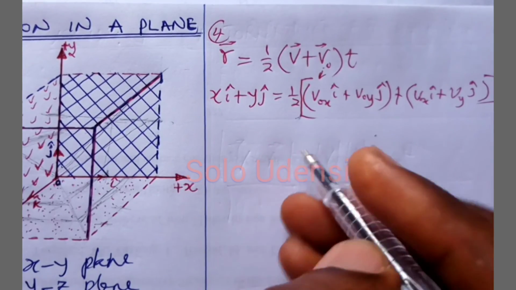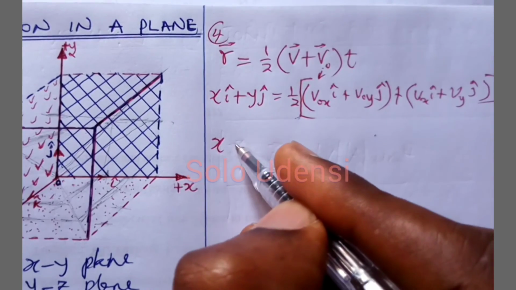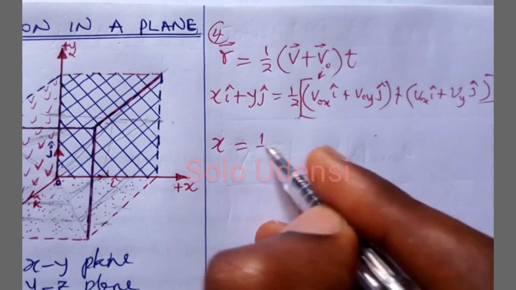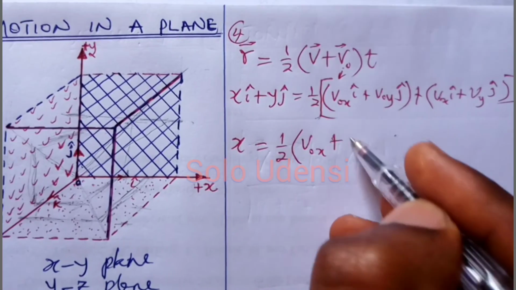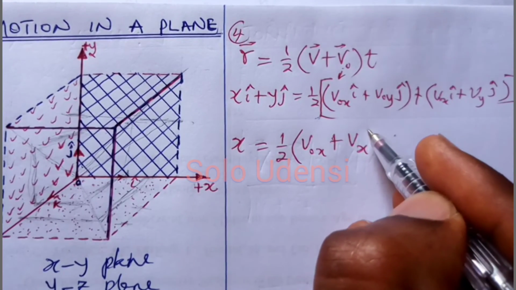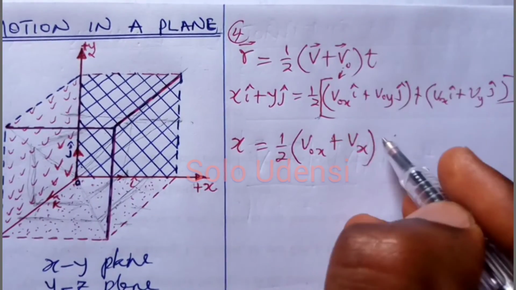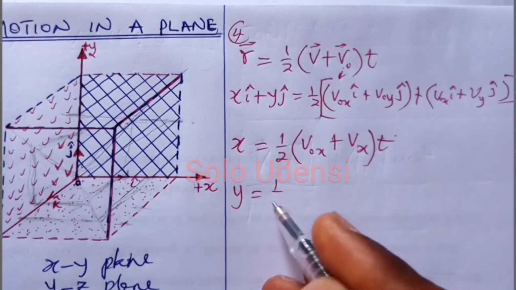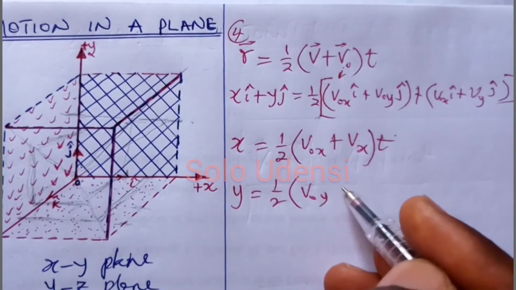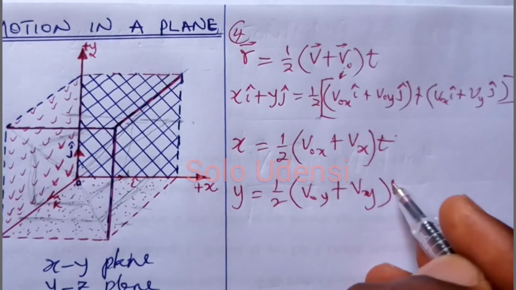If we take the component forms for i, we have x = half (v0x + vx) times t, and y = half (v0y + vy) times t.